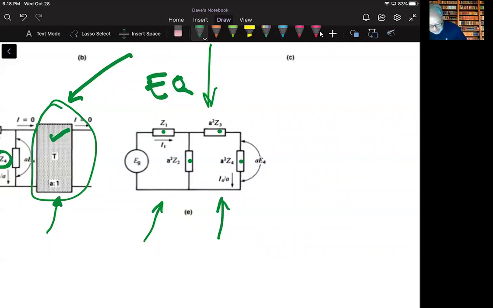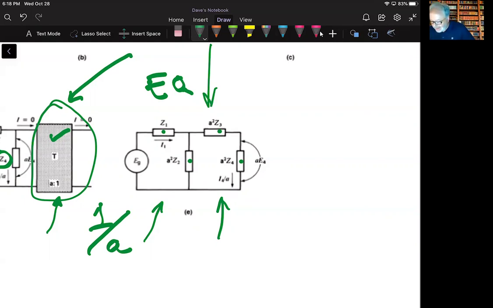And also, the current in each element on the secondary side becomes 1 over A, the inverse relationship in terms of current, when we shift it to the primary side.